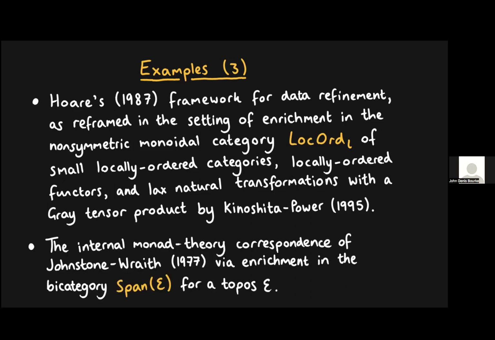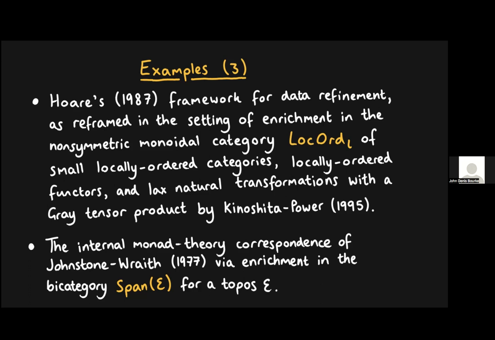The more interesting example is that Johnstone and Wraith in 1977 developed a monad theory correspondence for monads on internal categories, so internal monads, and an internal notion of algebraic theory for some topos E. So algebraic theory is internal to topos E. And surprisingly, if you haven't heard this result before, I think it's a very beautiful result that you can capture internal categories under suitable assumptions by enrichment in a bicategory.